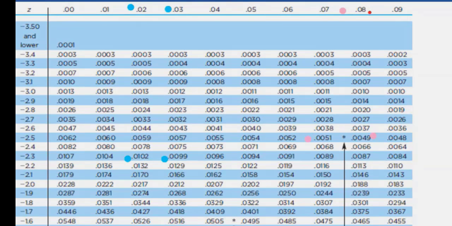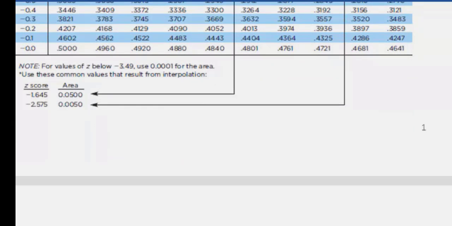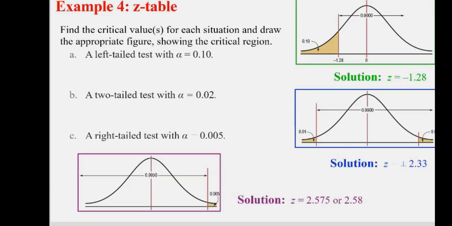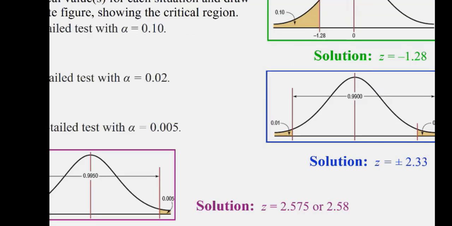In fact, I want you to look at this arrow, and let's come down. See, because it's one of those common numbers we come across, it's given to us, negative 2.575. Now, because this is negative 2.575, this must be positive 2.575. And we have the answer.